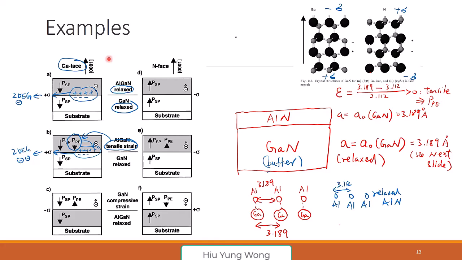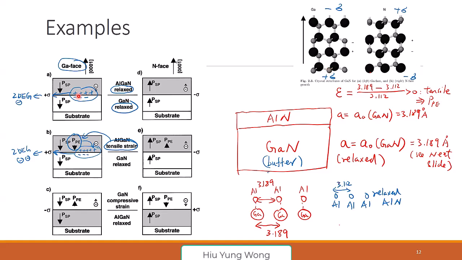Professor, can you just give a short review for the first A part? I just followed the B part, but... Oh, the A part? Okay. If you can follow the B part, the A part will be the same for you, because now aluminum gallium nitride is relaxed. So I only have 4 positive charges, right? This is just an example. It's relaxed. I have 4 because this is positive at the bottom and it's aluminum, so I have more.